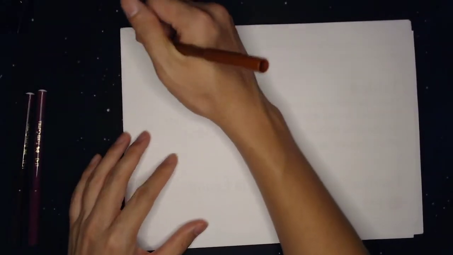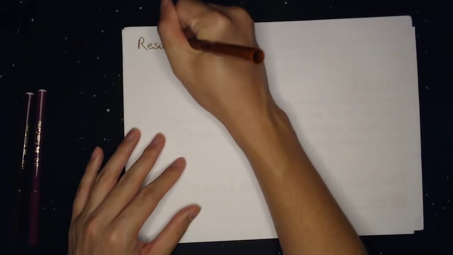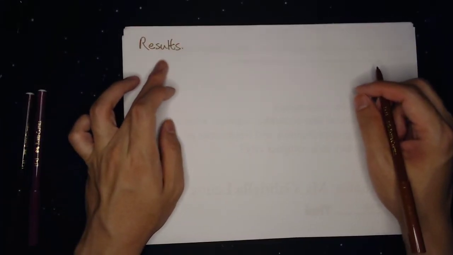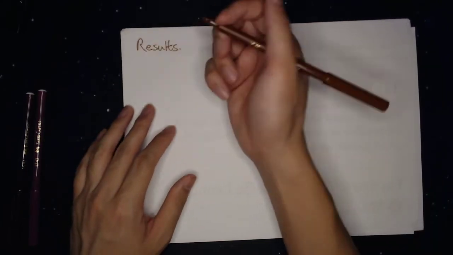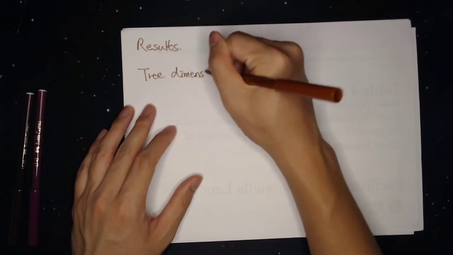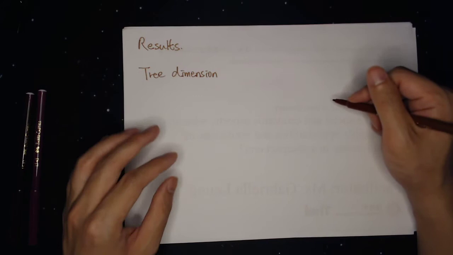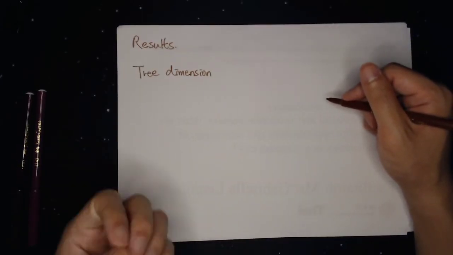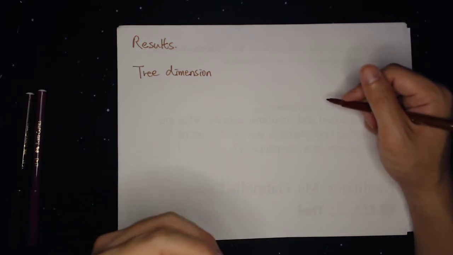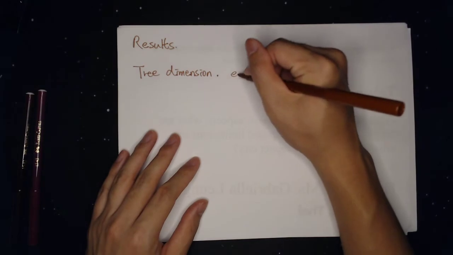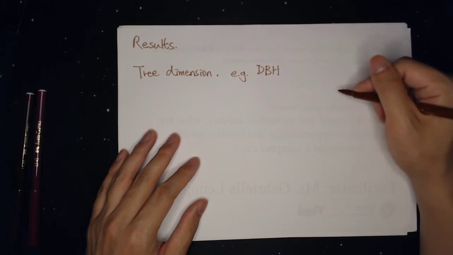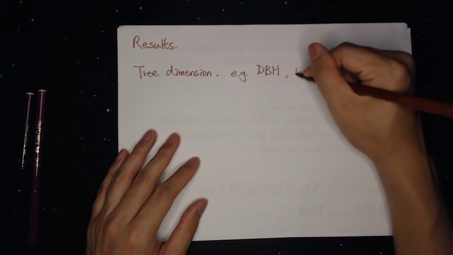And then you can give me results. So results are what you get from the sampling. You may tell me the tree dimension. So in the tree risk assessment form, there are many blanks which you have to fill in, and there are many about the tree dimension. For example, you can tell me the diameter at breast height, DBH. You can also tell me the height of the tree.